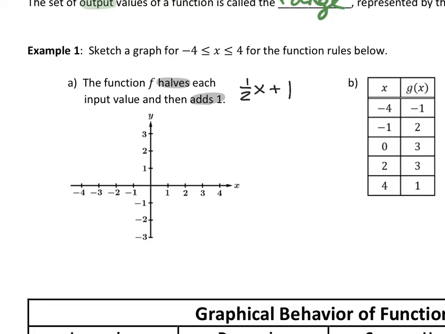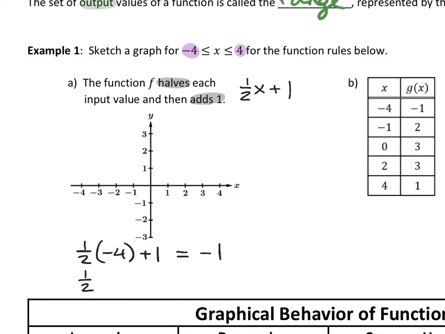If we were trying to graph that, we would need to know what happens at the endpoints. The endpoints come from these two numbers that it just happened to give us arbitrarily. We would find what happens at 1/2 times -4 plus 1, which would be -1. Half of -4 is -2, plus 1 is -1.